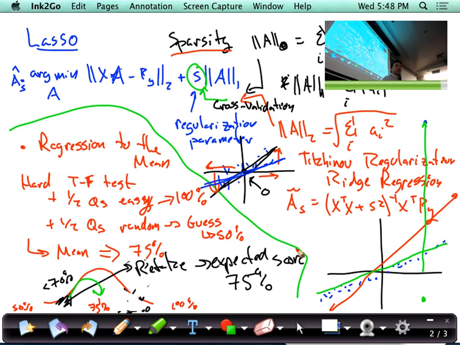So unless the data fits perfectly on a line, there's some value of S which is going to do better than 0. And so you want to figure out what this value is. Okay, but still it seems you need to check a lot of values of S, and this is kind of tricky.